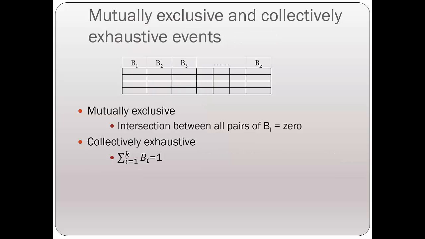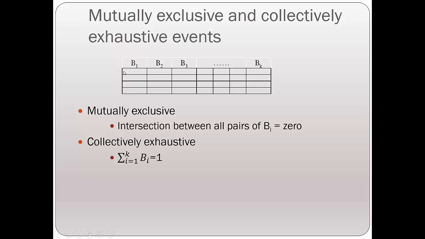Now there is one more concept which is related to mutual exclusiveness, and this is important for Bayes' theorem, and that is mutually exclusive and collectively exhaustive. So for example, suppose these indicate different events, B sub 1, B sub 2, B sub 3, all the way through B sub k.